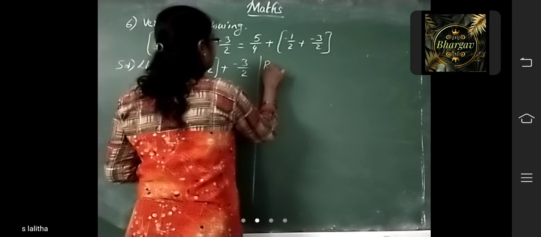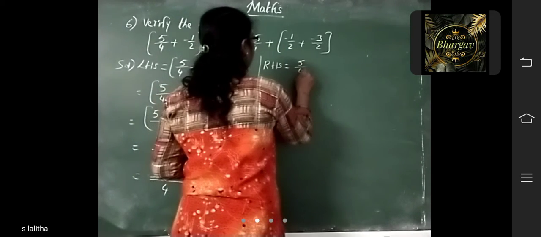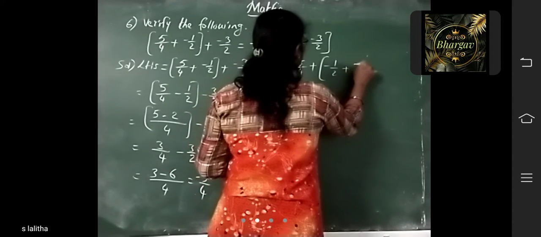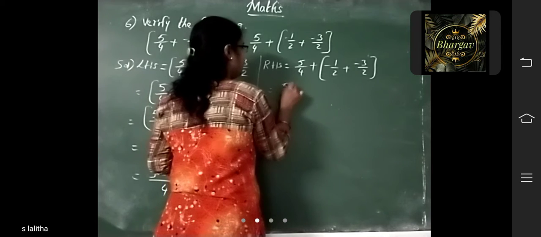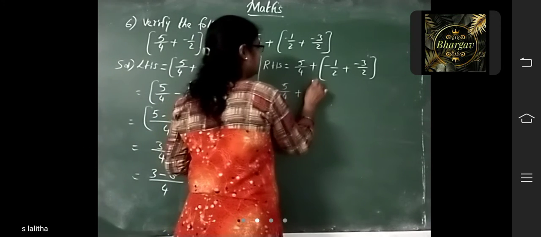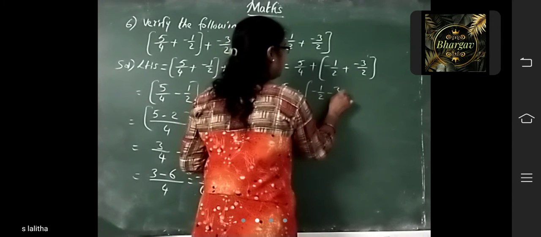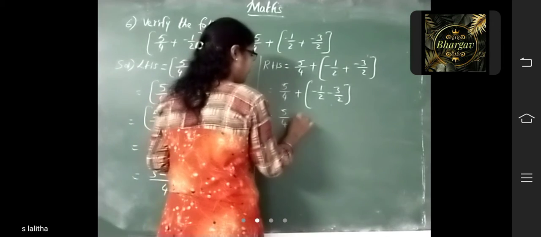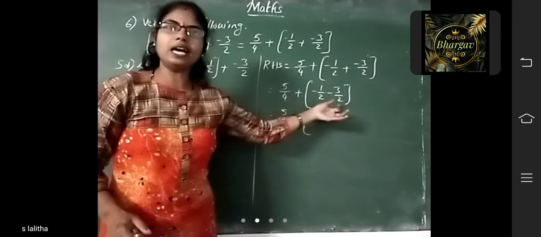Now RHS part. What is the RHS part? 5 by 4 plus of minus 1 by 2 plus of minus 3 by 2. So 5 by 4 plus minus 1 by 2 plus of minus 3 by 2. 5 by 4 plus, see here denominators both are same.